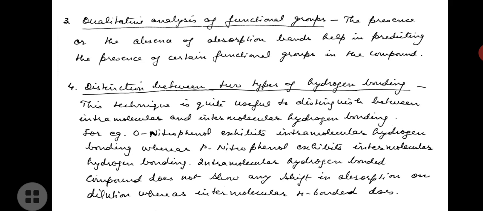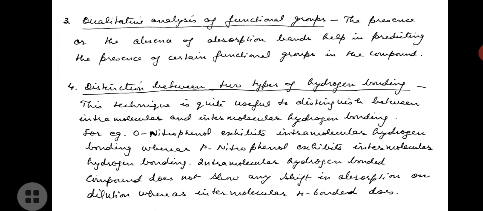Now the third application is qualitative analysis of functional groups. The presence or the absence of absorption bands helps in predicting the presence of certain functional groups in the compound.